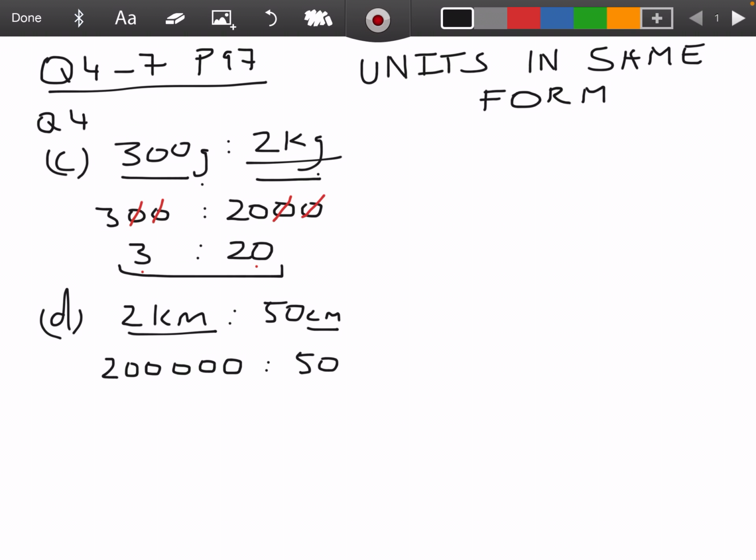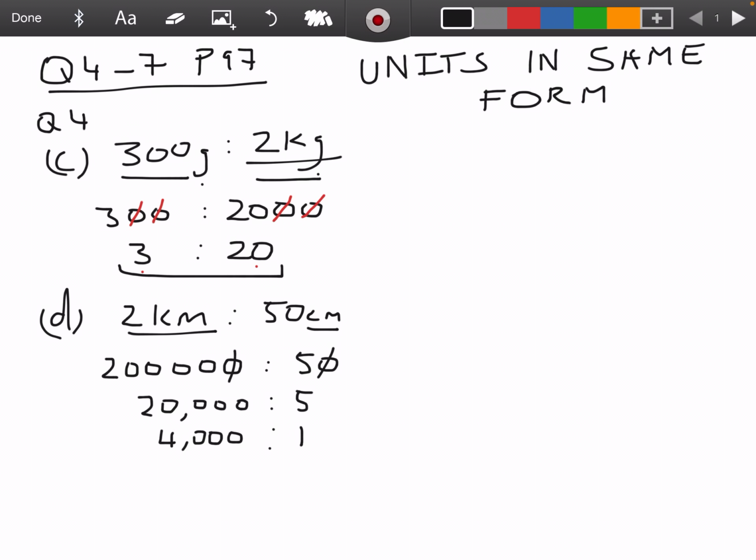And again, I can get rid of the zeros. I divide by 10 first and foremost, I can get rid of those 2 zeros, so I end up with 20,000 is to 5. And I know that 5 goes into 20,000, so I'm going to divide each thing by 5. So that's going to be 1 is to 4,000.